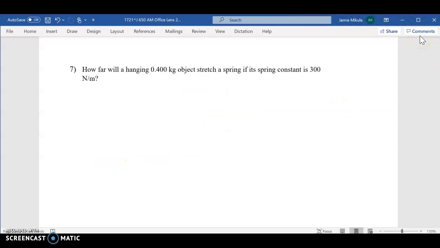Number 7, how far? So you're looking for x. F equals Kx. This time you have a mass, so you need to do mass times gravity equals Kx. 0.4 times 9.8 equals 300 times x.